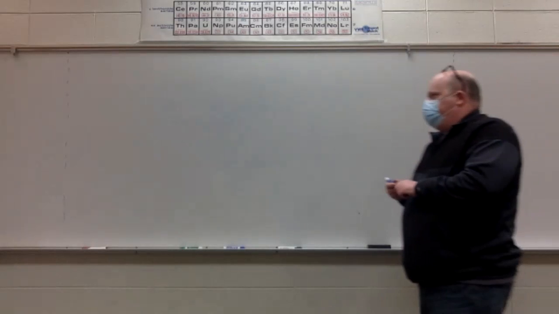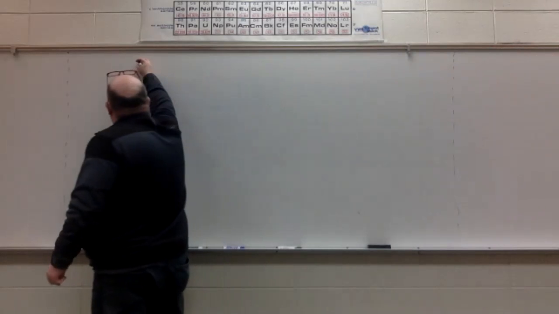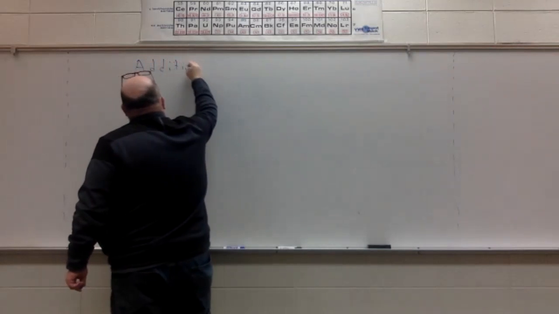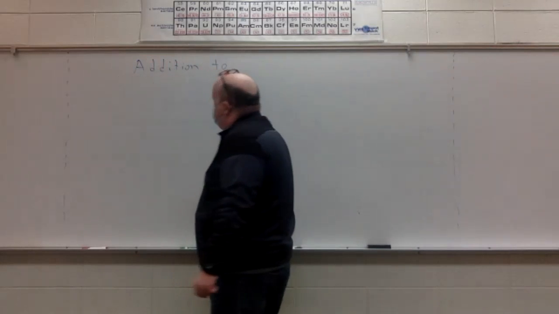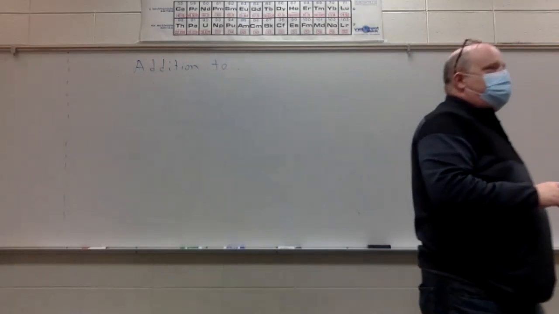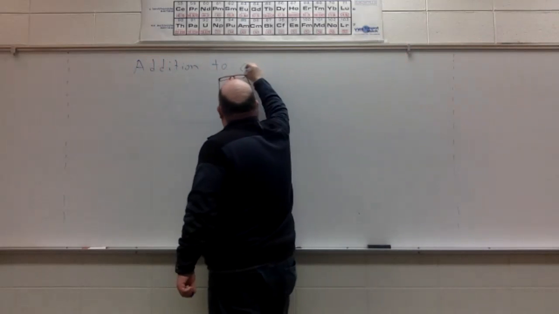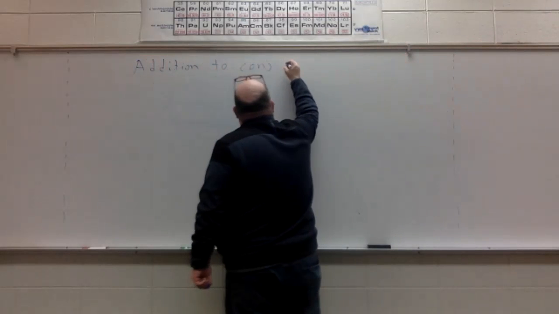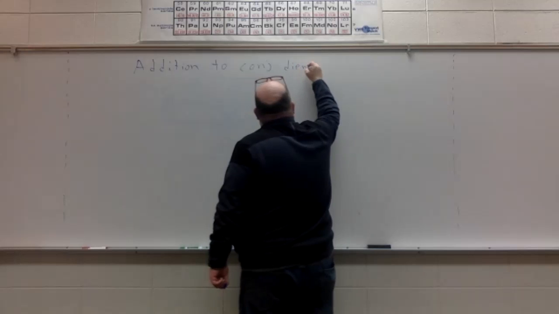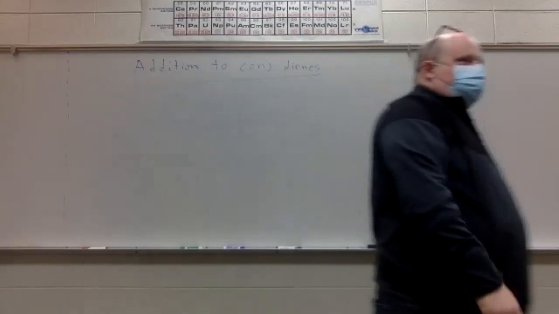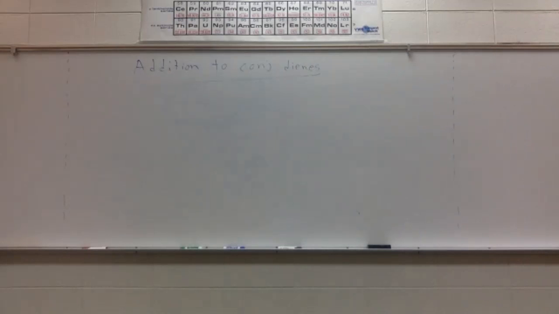Now, what I want to do is show you just how having a conjugated diene can affect the reactivity of your system. We're going to do an addition reaction, specifically a hydrohalogenation.